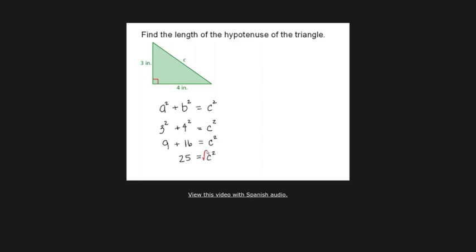So we take the square root of c squared and the square root of 25. So this gives us c, and what number multiplied by itself gives us 25? The answer is 5. So we found that c is equal to 5. So the length of our hypotenuse is 5 inches.